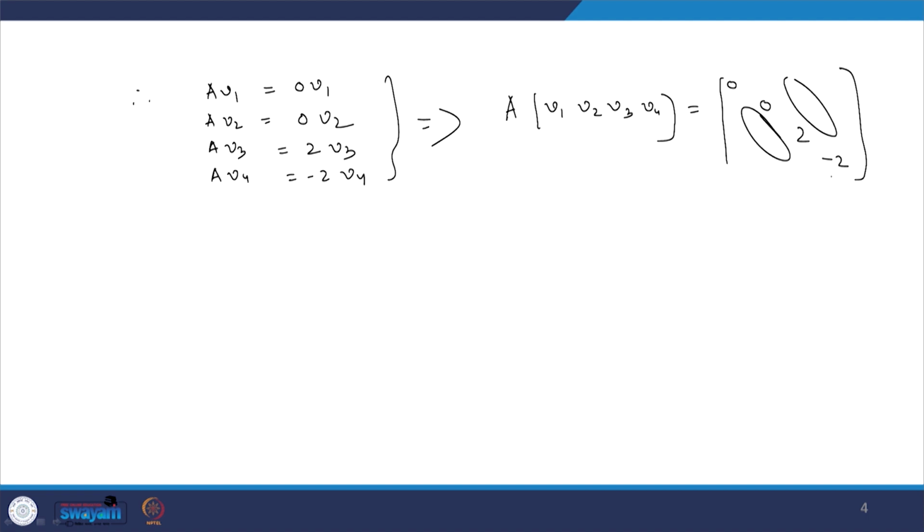If I denote this matrix as capital P, then we have AP equal to, suppose, P into G, where G is a diagonal matrix.